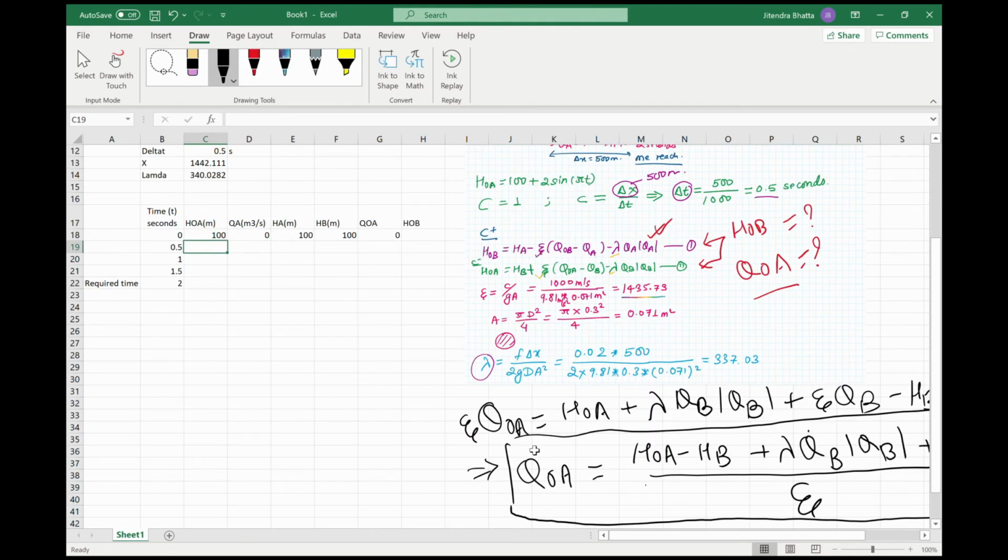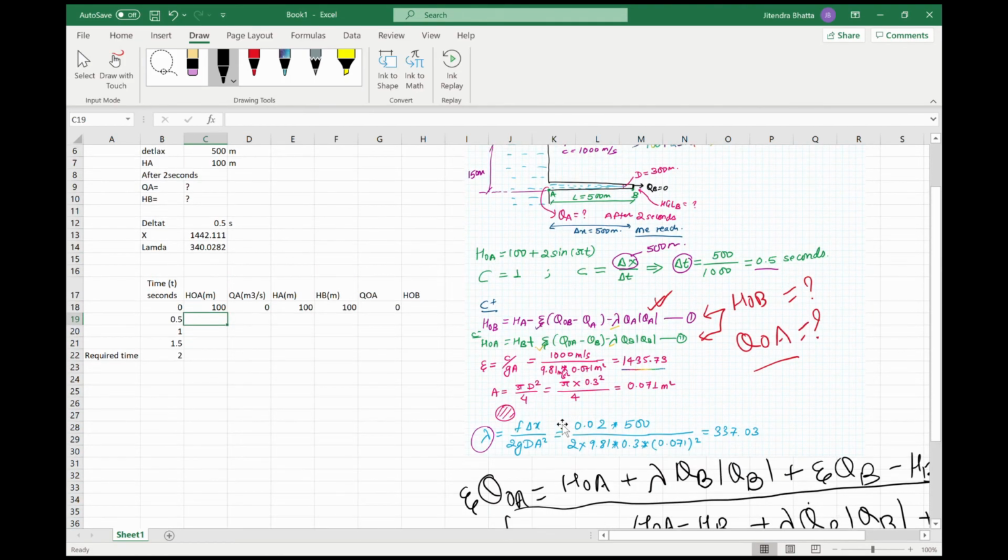Now once you have your QOA, you can get your HOB.